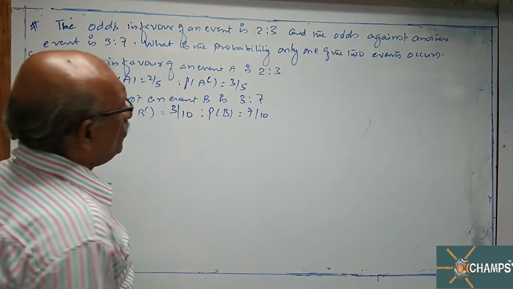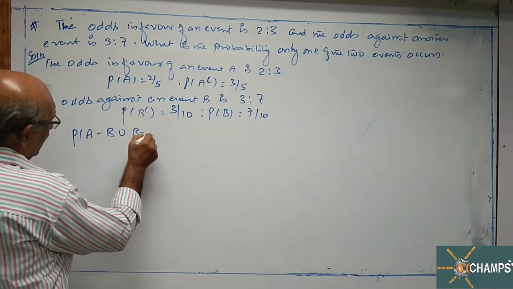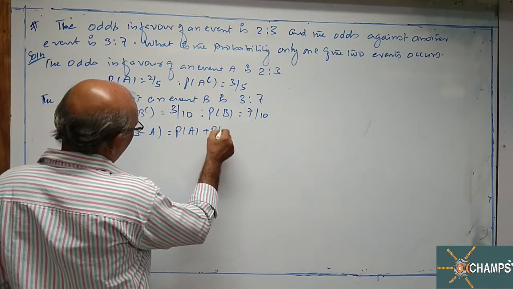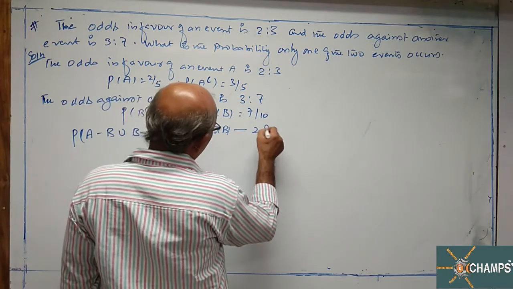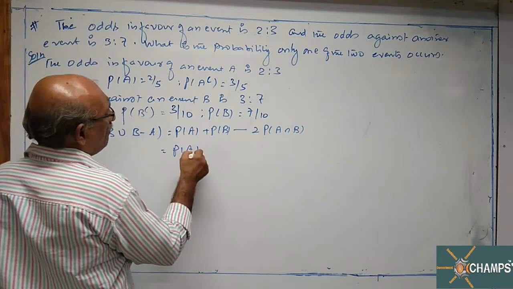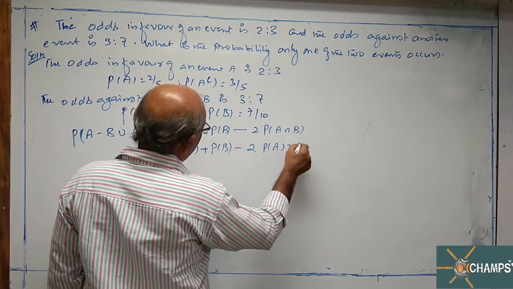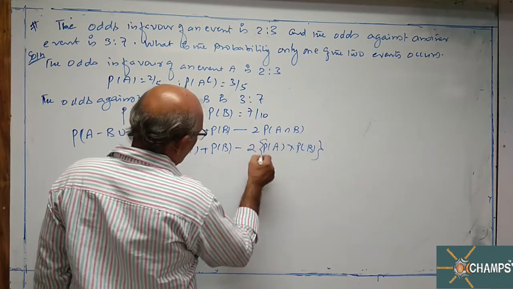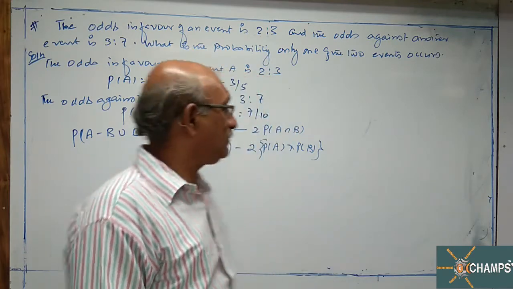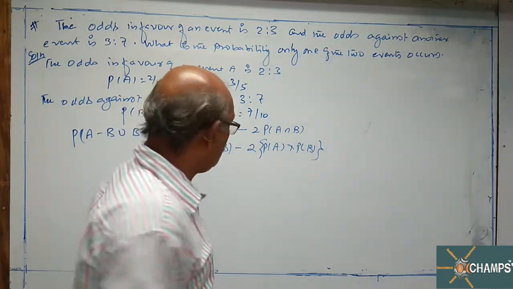Now only one of the two events occurs: A minus B union B minus A. This is P of A plus P of B minus 2 times P of A intersection B, which is P of A plus P of B minus 2 times P of A into P of B. For these types of problems, we assume A and B are independent events.